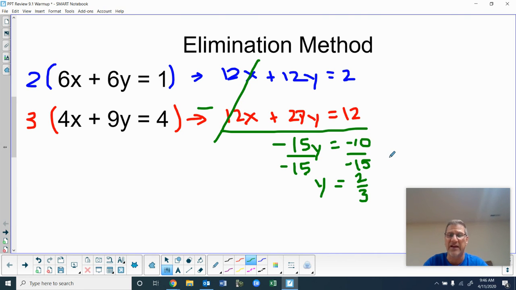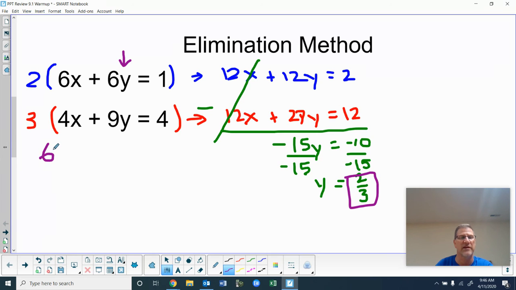All right? Again, I have to figure out what the x is. So I have to substitute into one of the two equations to find what x is. So I'm going to take the 2/3 for y, and I'm just going to put it in the top one. All right? And then I'll figure out what x is.